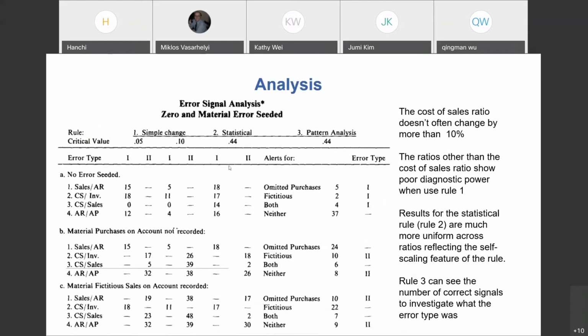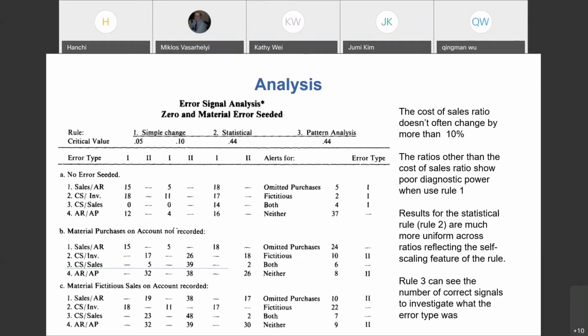Here is the test result of this study. First we can pay attention to the cost of sales ratio here. We can see that the cost of sales ratio doesn't often change by more than 10%. You can see that when the symbol changes to 0.05, it's only 5, and when it's 0.1, it's raised up to 39.